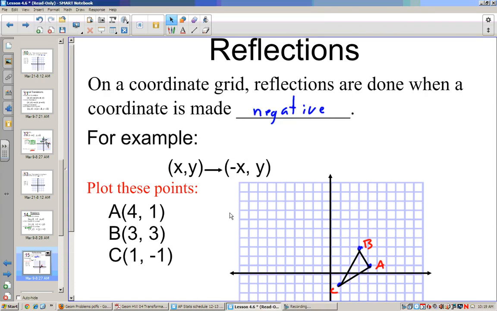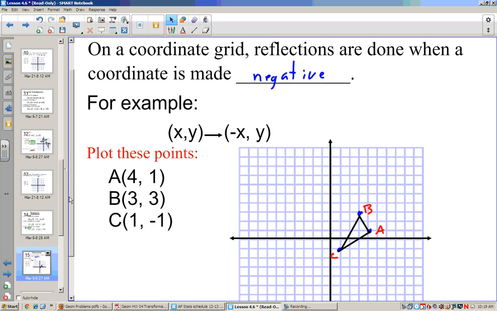All right, so I magically put A, B, and C on the graph. And I hesitated a little bit when I read this, and it's not entirely correct. When reflections are done when a coordinate is made negative, that's just when it reflects over the x-axis or the y-axis. I need to pause to wrap my head around that for a second.